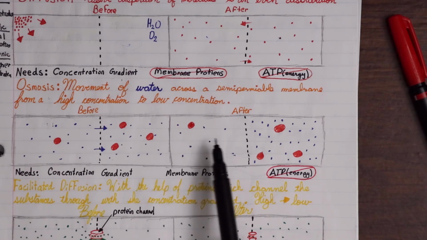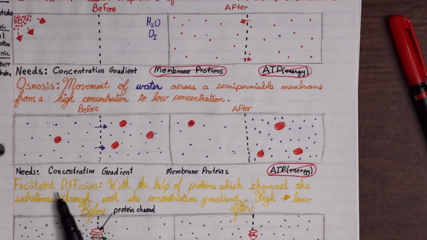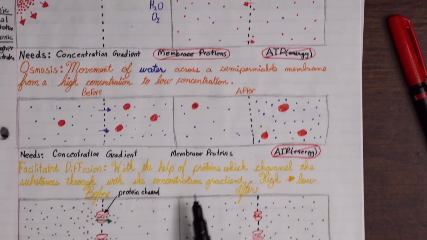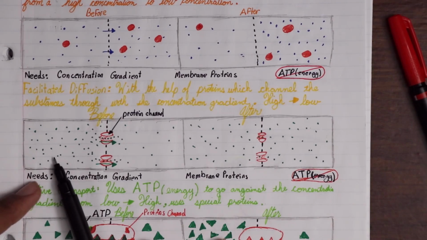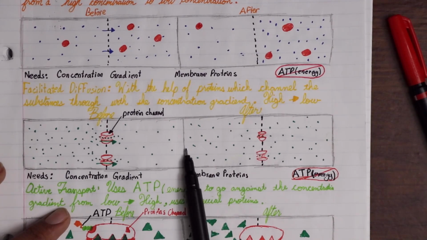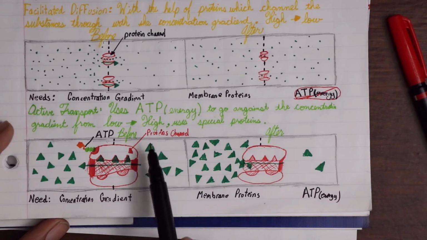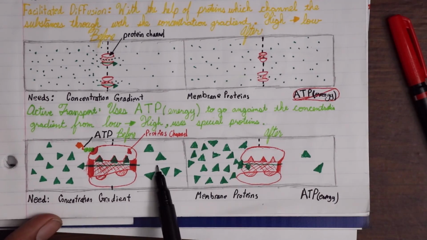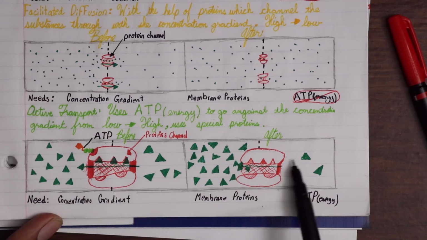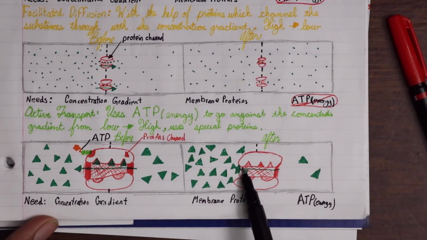Osmosis, movement of water. Facilitated diffusion, the use of protein channels across a high to low gradient. So high concentration over here, low here, eventually equalize. And then active transport is from the area of low to high, again making the difference greater.